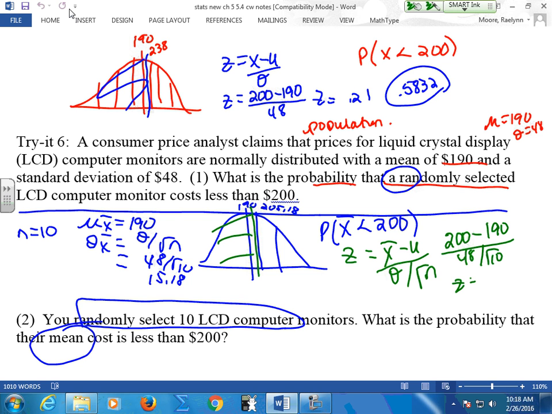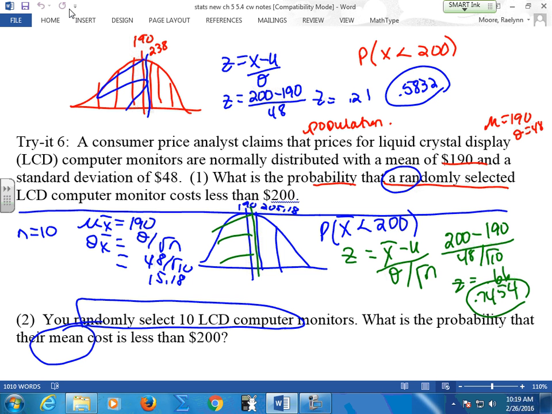So now I get a z-score of 0.66, a little bit higher than what I had before, because I'm a little closer in there. I look at the area to the left, and it's almost 75%. It's a 75% chance that I will pull a sample whose mean, whose average cost, is less than $200. Within that sample of 10, I'm looking for their mean.